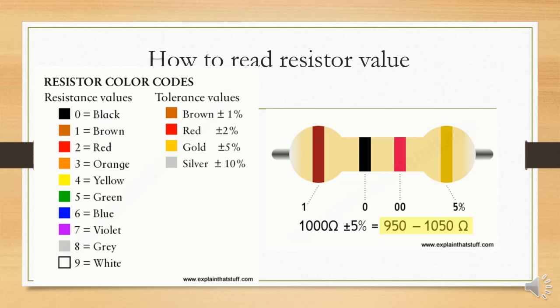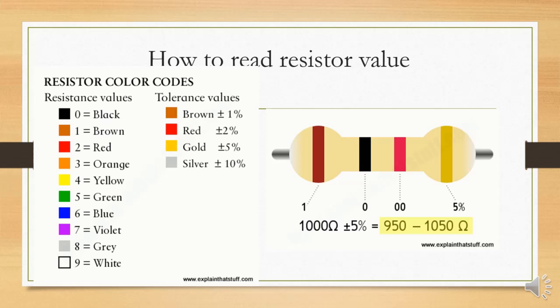So for brown we will write first digit 1, then for black the second digit 0, and the third color, which is actually red, will give you the number of zeros. So it is red, so there are two zeros, and hence the value becomes 1000. So this is 1000 ohm.